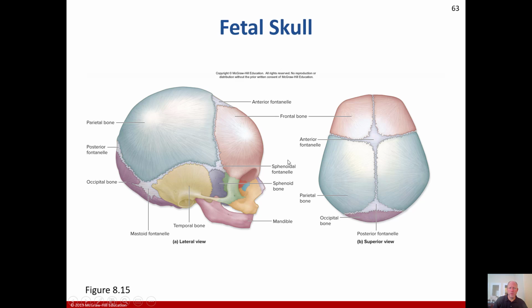Here's the mandible, of course, and frontal bone for the postero-superior view here, and the anterior fontanelle, parietal bone, and the posterior fontanelle, between the occipital bone and the parietal bone.